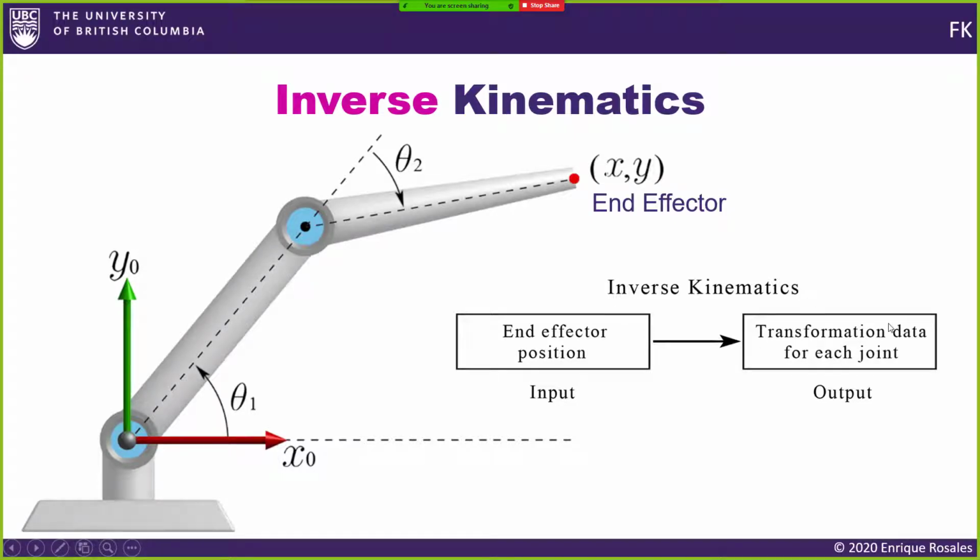This is a totally different problem, because now instead of just saying, okay, I will apply a rotation here and here and see where I end up, now I need to tell the robot, please touch this object here. I know the position of the end effector, and with only this position, I need to figure out which transformation needs to be applied for each link on my kinematic chain.